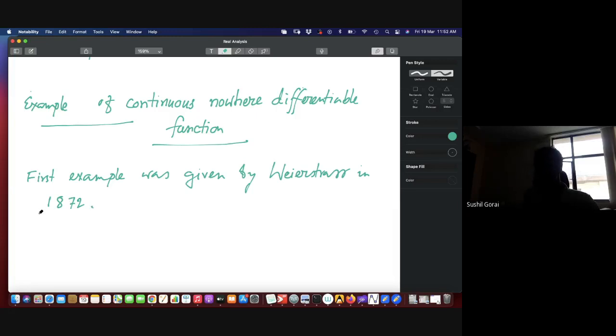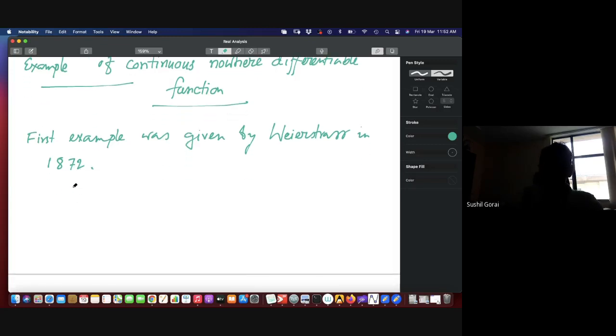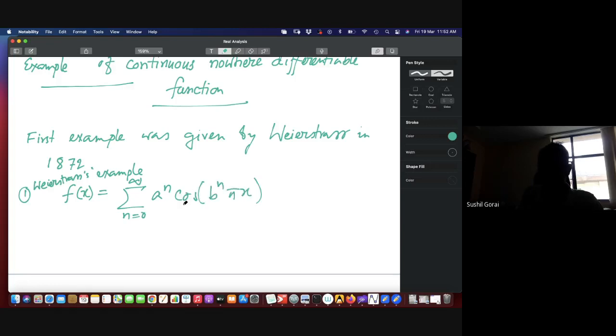So let me give you what he actually proved. So his example was f of x. So this is Weierstrass's example. f of x is summation n from 0 to infinity a to the power n cos b to the power n pi x.